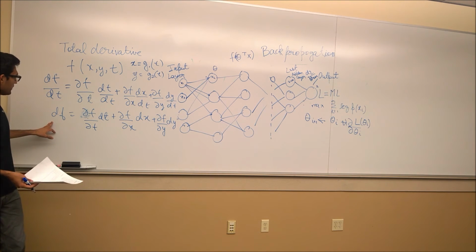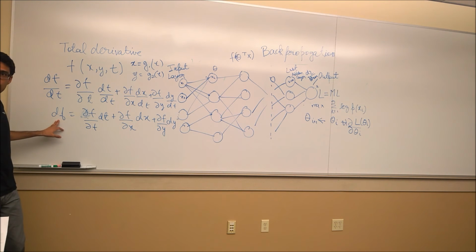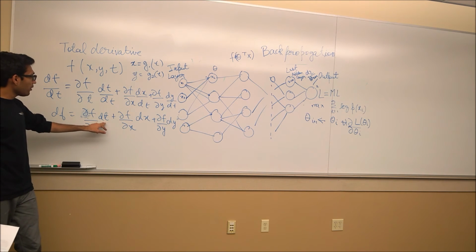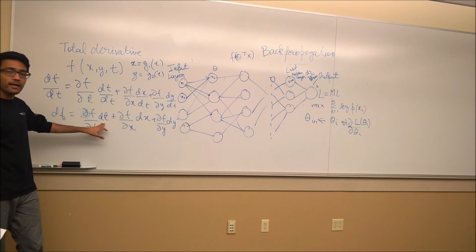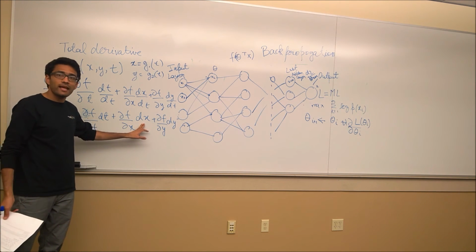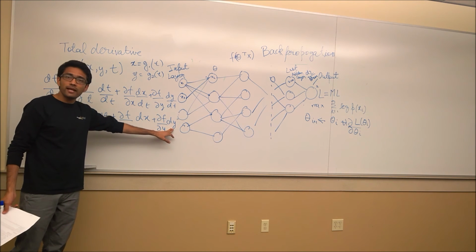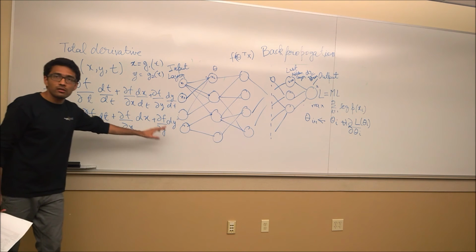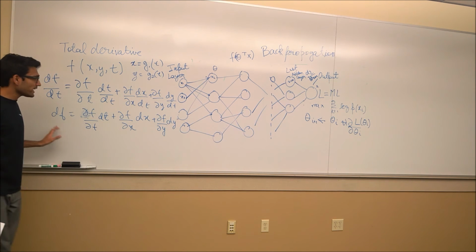So what does this mean? That the difference in the value of f is coming from three sources. It's coming from some value multiplied by the difference in t, plus some value multiplied by the difference in x, plus some value multiplied by the difference in y. That value is nothing but the partial derivatives, right? So this kind of makes sense, right?